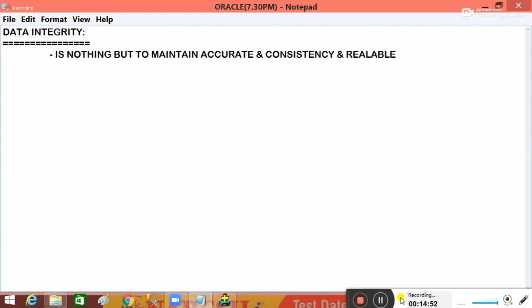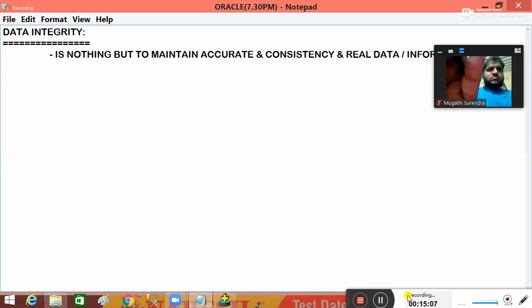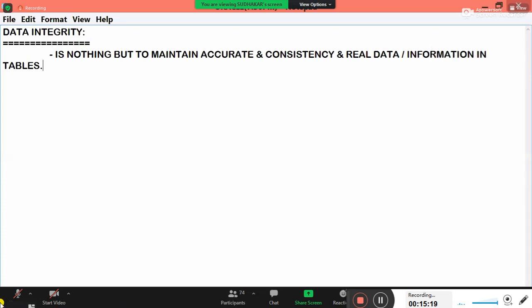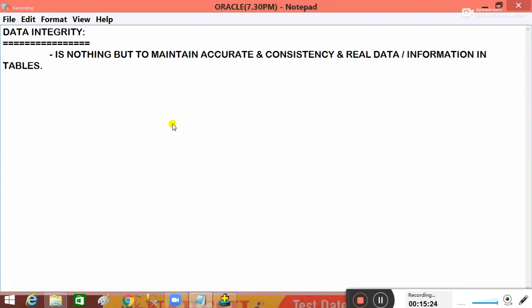When you want to maintain accurate, consistent, and real data or information in your tables, there we require a data integrity mechanism.